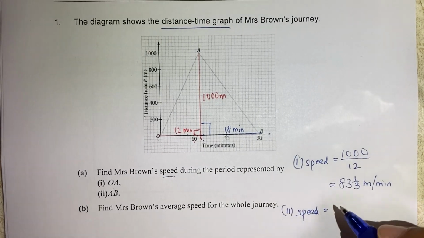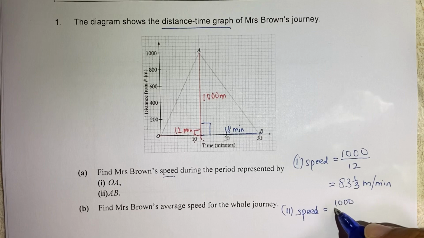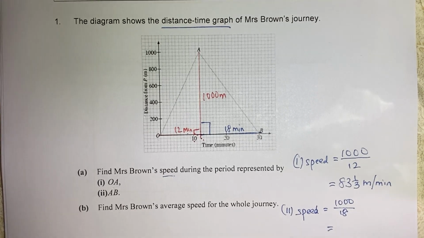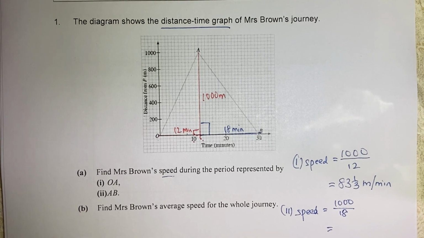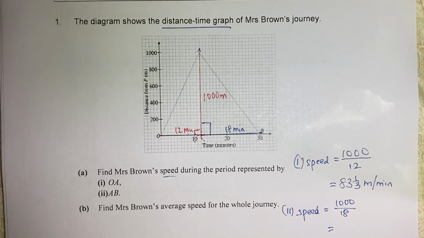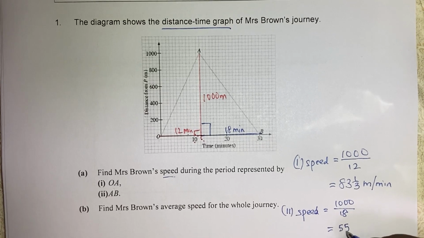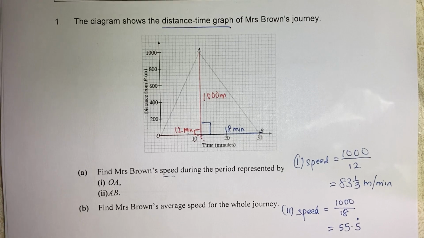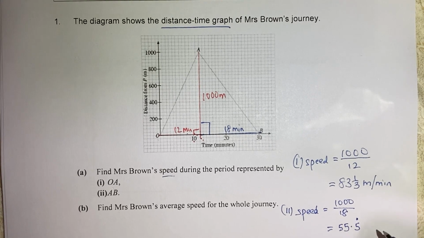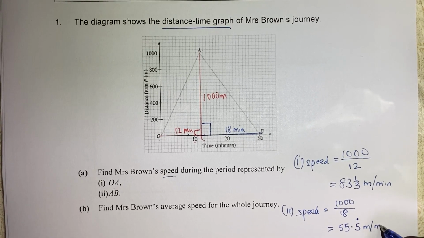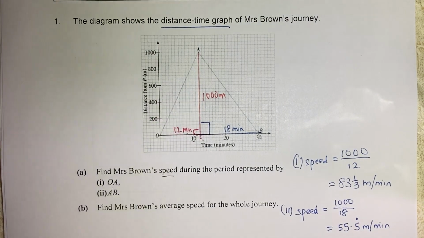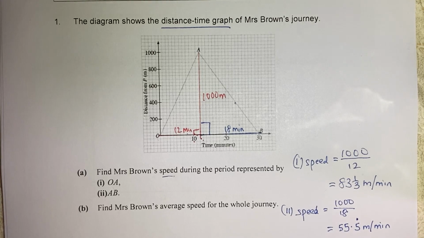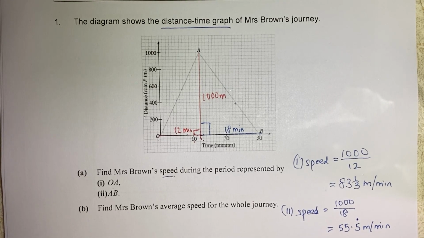So 1000 divided by 18, you are going to get 55. We can write it down like that. This is a recurring value here, meters per minute. Now, for speed, I understand that this is a negative gradient. We don't put negative here because speed is always taken as a positive value.